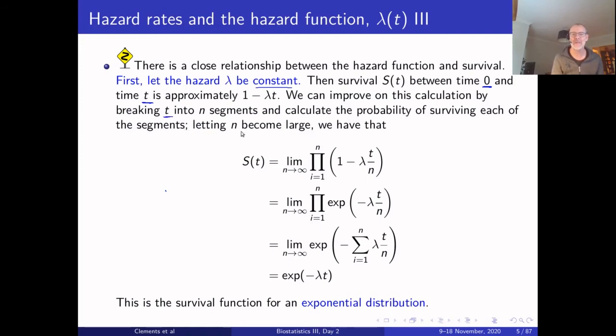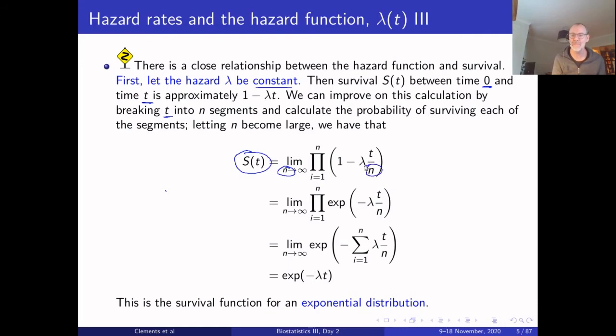And then letting n become large, we have that survival is equal to the limit as n gets larger and larger of the product of the survival for each of the time segments. And each of those time segments is equal to 1 minus lambda t over n.